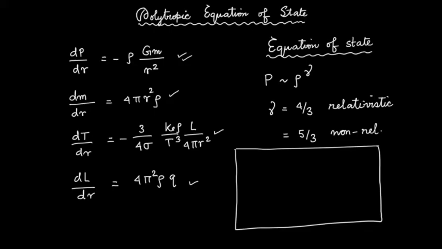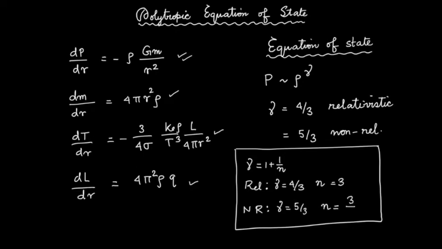There is another parameterization, where gamma is written as 1 plus 1 by n, such that you can see clearly that for the relativistic case gamma is 4 by 3 and n will be then 3, and for the non-relativistic case gamma is 5 by 3, which means n will have to be 3 by 2.